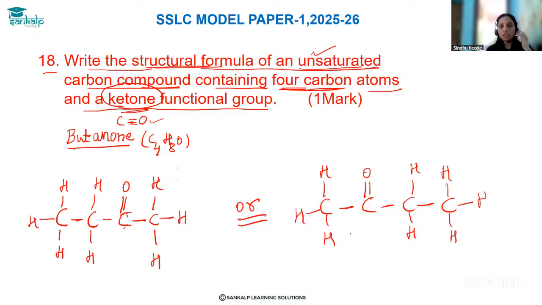You can draw any one, like this or like this, both are the same. So the unsaturated carbon compound containing 4 carbons with a ketone functional group is butanone, and you can draw the structure like this. Thank you.